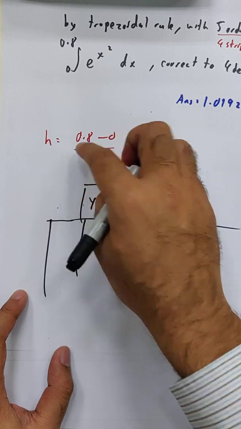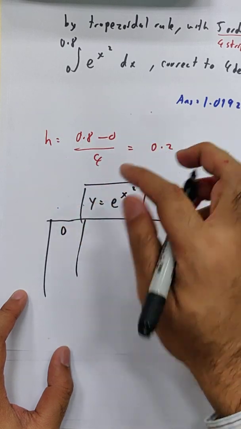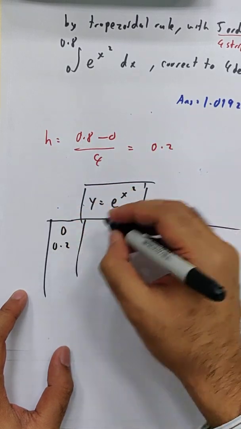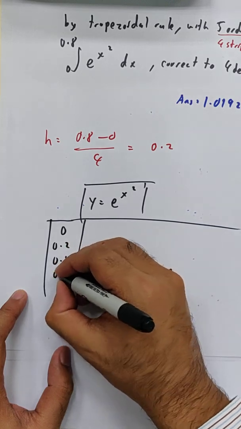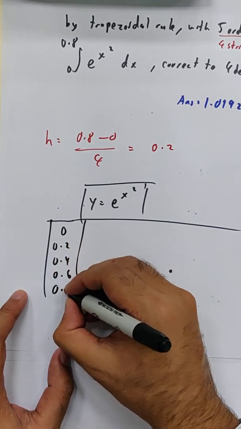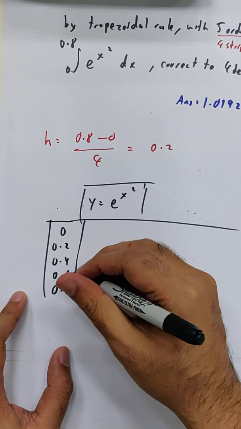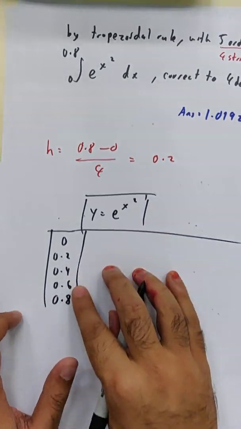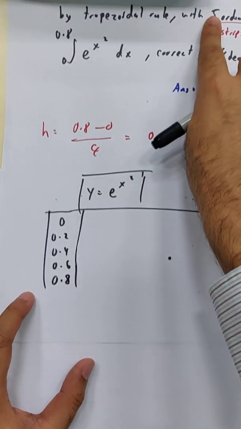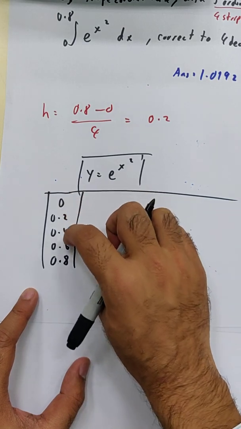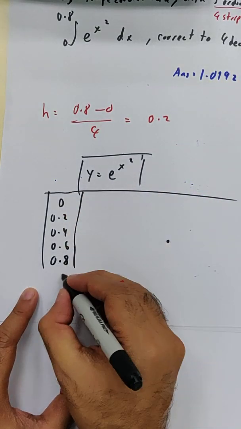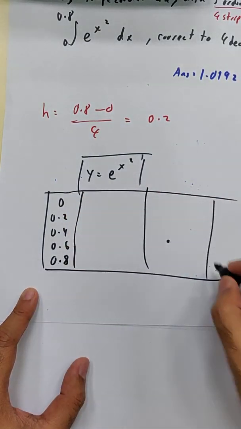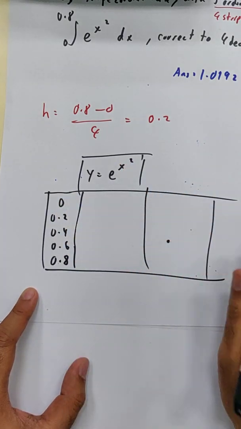You start with 0 plus 0.2 plus 0.2 plus 0.2 plus 0.2, you reach 0.8, you stop, and you can see here 5 ordinates. 1, 2, 3, 4, 5. 5 ordinates as well. Substitute this value inside here and you get your answers.